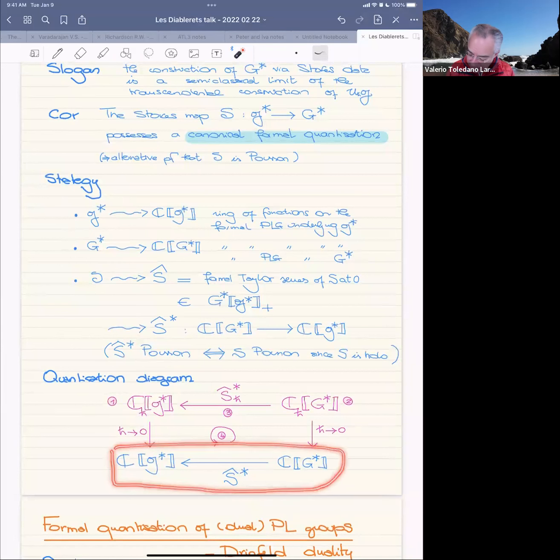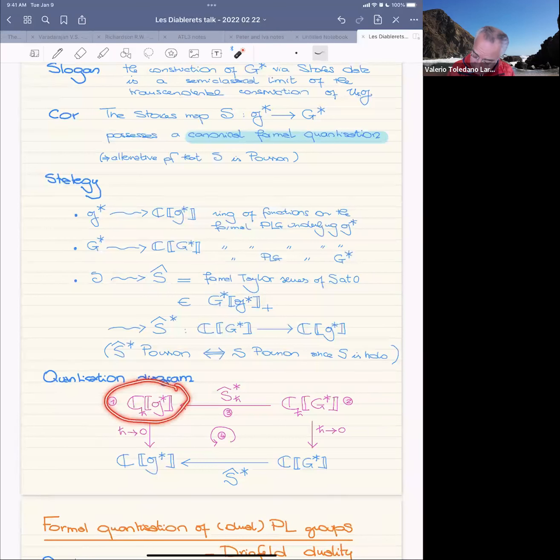We've now formalized everything. And then what I want is to quantize this. So that means that I'm going to replace each of these Poisson algebras by an appropriate quantization. So I'm going to quantize this into that. I'm going to quantize this into that, which quantizations I will explain in a moment.